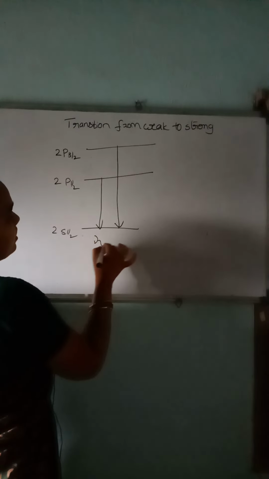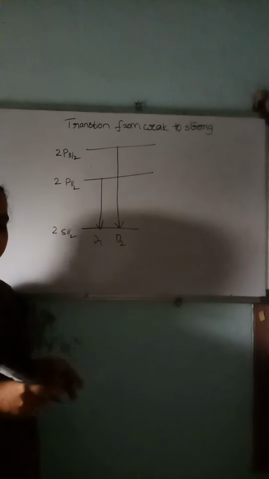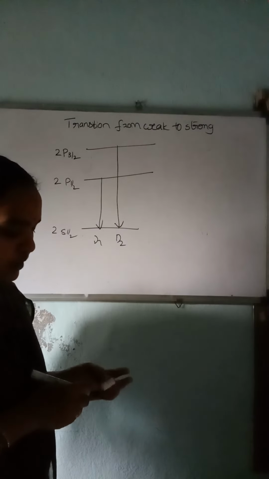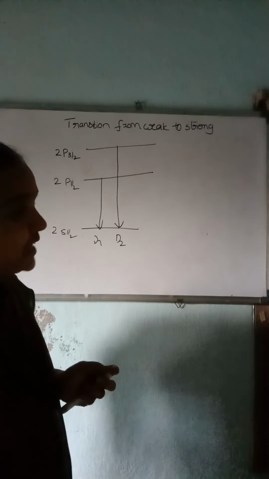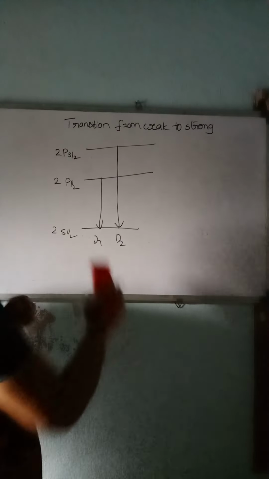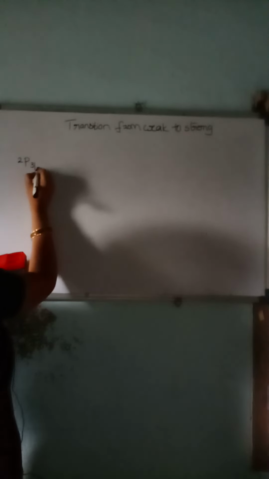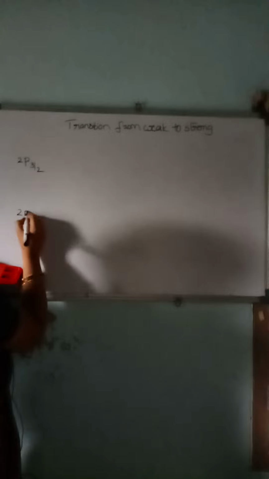These two lines are called D1, D2. In this diagram we will represent how this weak to strong transition can occur for these D1, D2 lines. So consider 2p3/2 state, next 2p1/2 state, next 2s1/2 state.